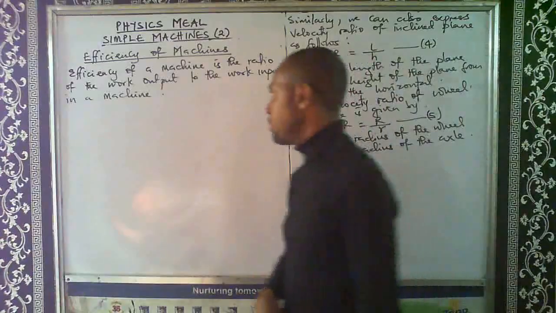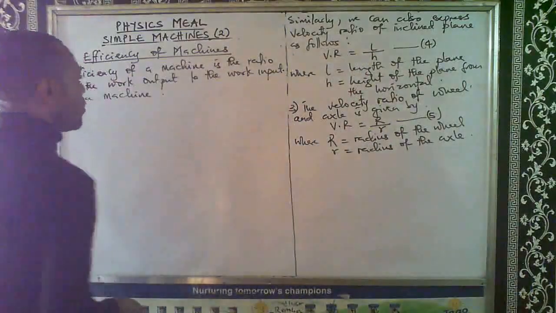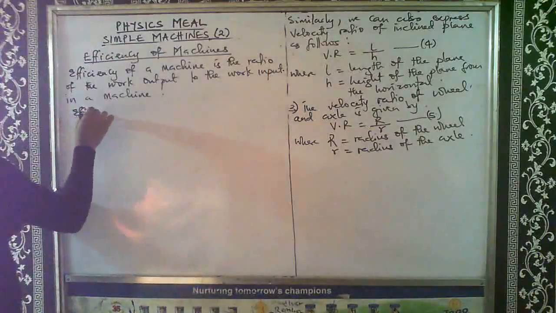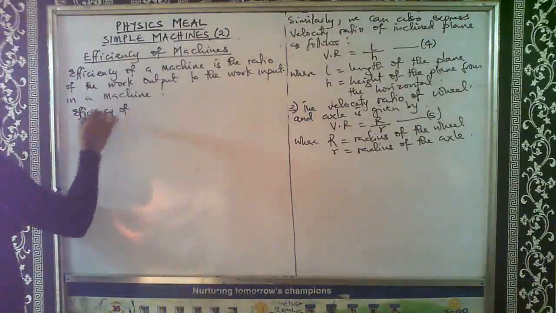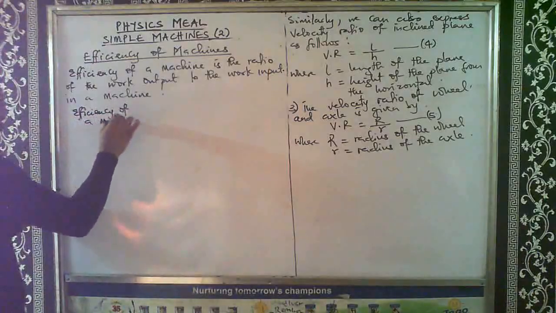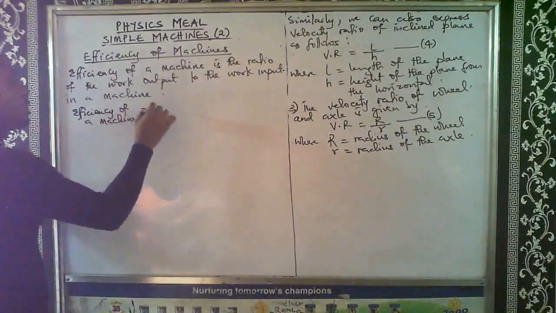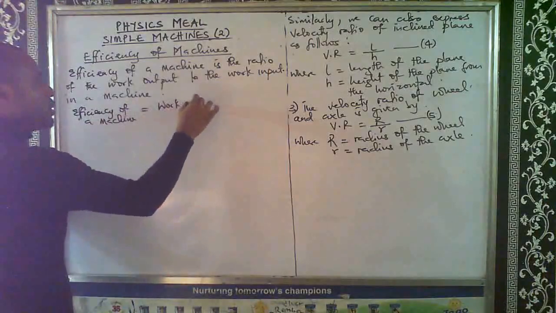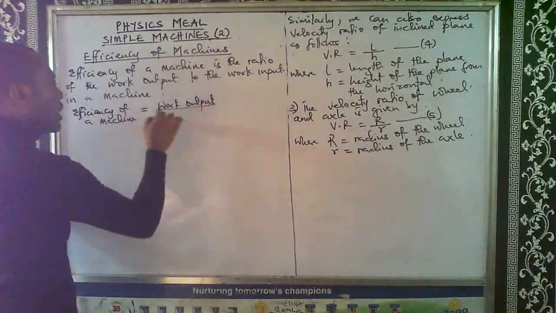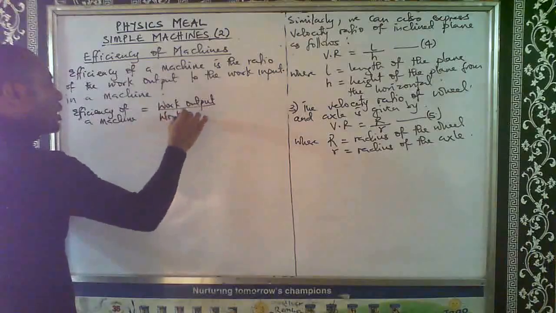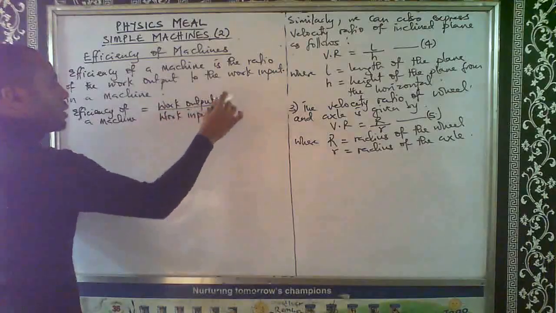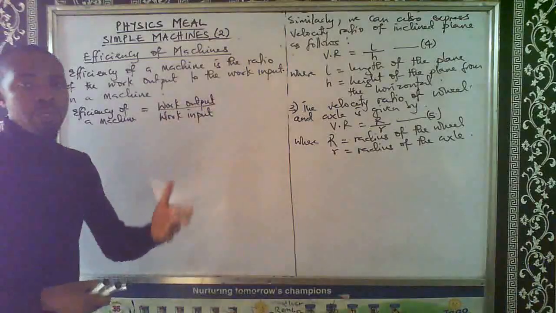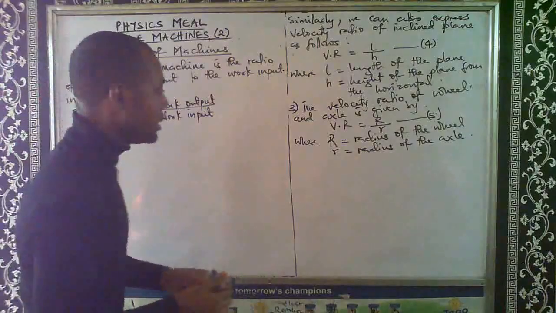Very beautiful. So we can say that the efficiency of a machine is work output over work input. That's the ratio. Now, efficiency can be expressed as a percentage.